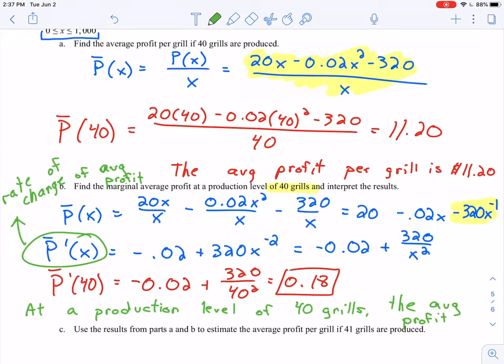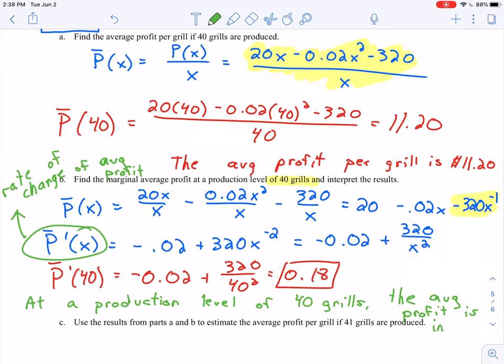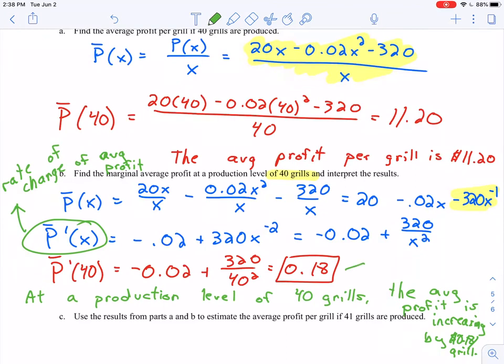It's not the total profit now, it's the average profit, in this case we have a positive 0.18, is increasing by 18 cents per grill, or per unit. So really the interpretation is going to look mostly the same. It's really just sneaking in this word average because we're talking about average profit rather than the total profit here.